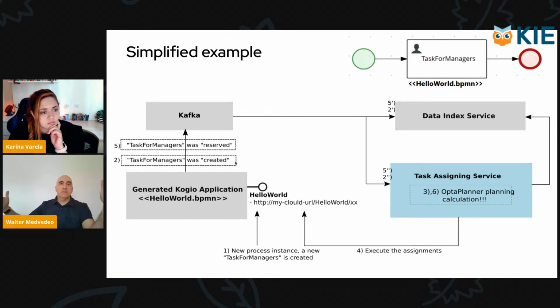You can use it or not, like any other Kogito components. So a cloud event will be produced. This cloud event will be propagated along the wire to any interested party. In this case, for example, in the picture, I have the task assigning service, but also the data index service.